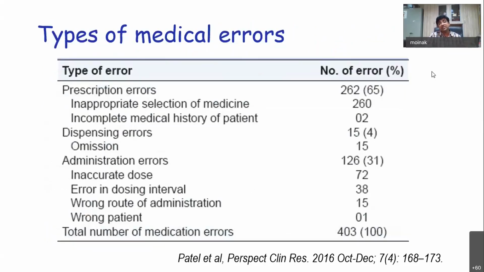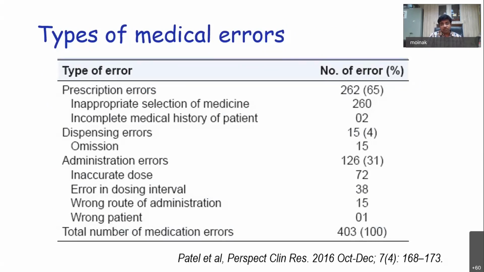And if you see the types of medical errors, you will see that the most important medical error is the prescription error, which is an inappropriate selection of medicine, or because the medical history of the patient has been incomplete. But mostly it is because of inappropriate selection of medicine.